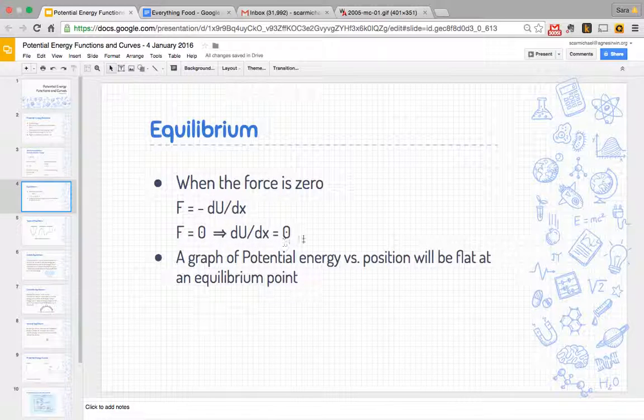And graphically, if the derivative is zero, that means it's a flat point on the graph, a place where the slope is zero. It might only be flat for a very, very small interval, but it's a flat point on the graph.